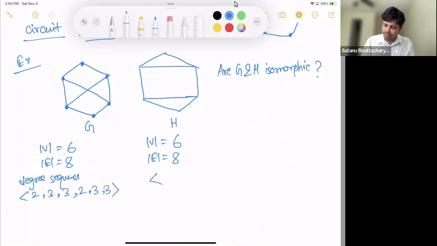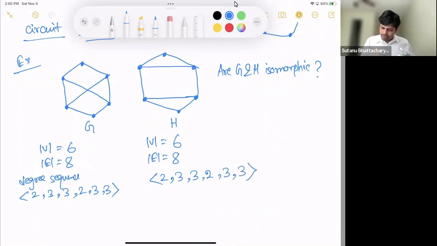And for H, the degree sequence would be 2, 3, 3, 2, 3, 3.